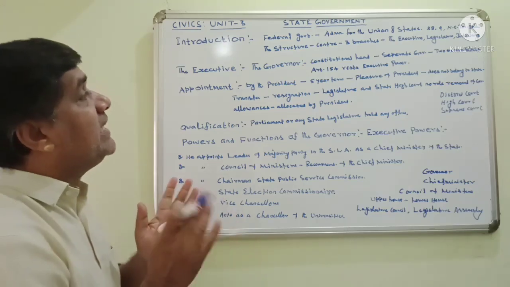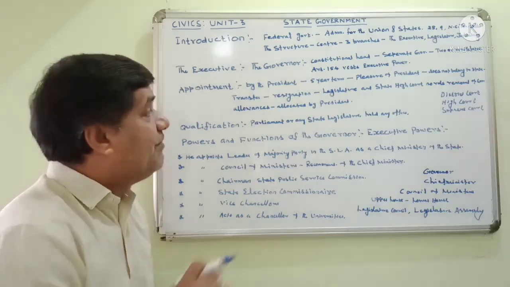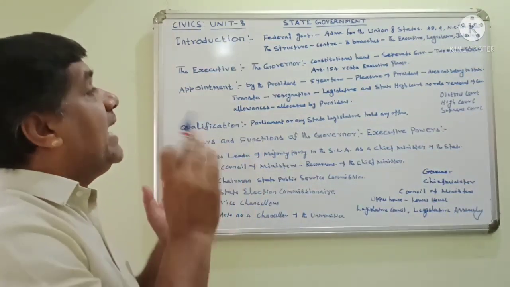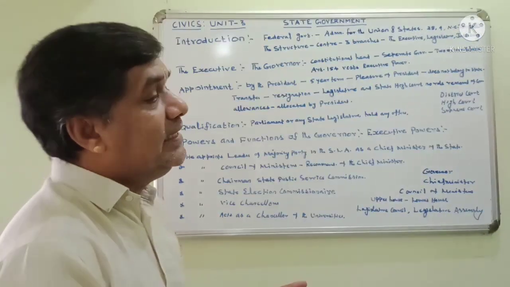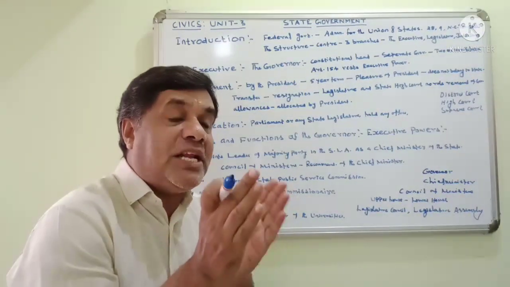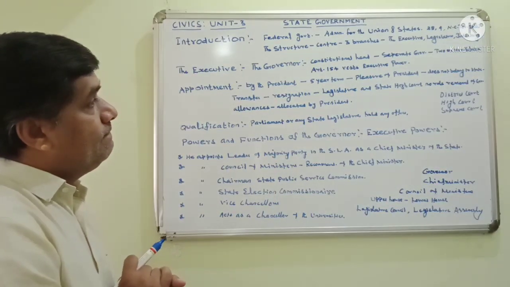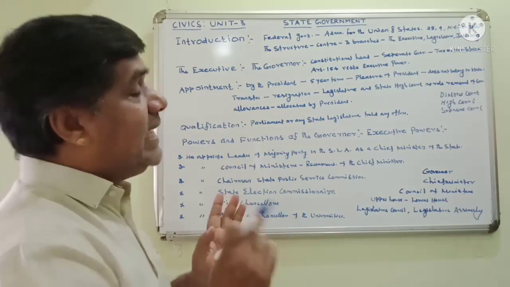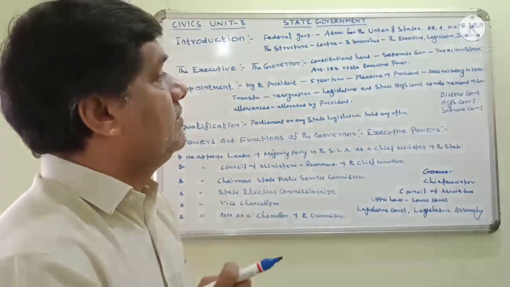The term of the governor is 5 years. With the pleasure of the president, he can continue in his office. The governor does not belong to the state.